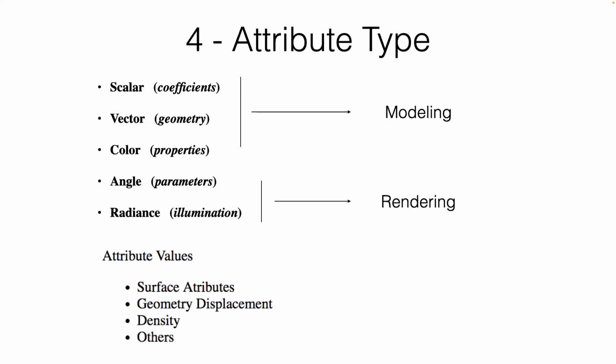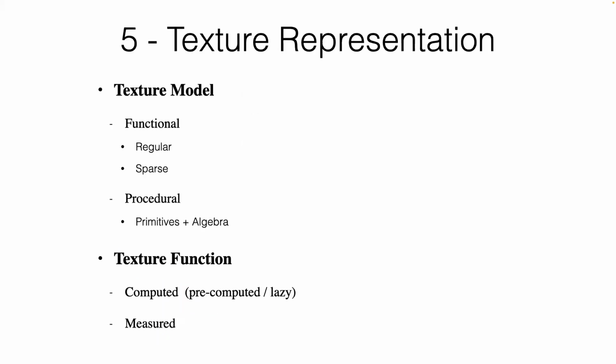So these are the types of attributes, and the values are related to what kind of thing you are doing, like surface attributes, geometry, displacement, density, and other things, right? And finally, you have the texture representation, and then you have models for texture.